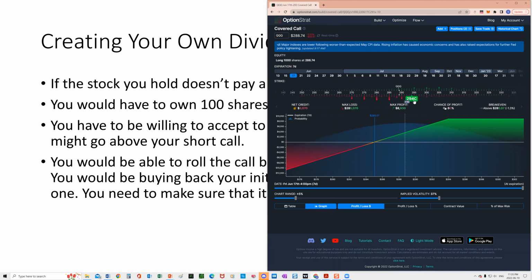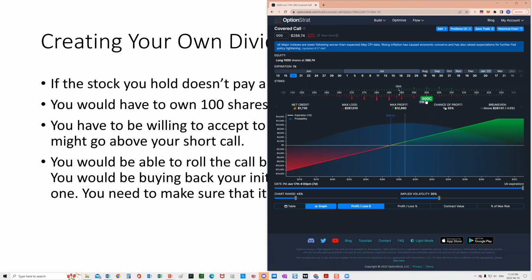If you want to become a little bit more conservative, you can go to the 300. Your max profit would be 12,990 if it gets to 300 by then. But if it doesn't get to 300, what happens? Well, you kept your $1,730.